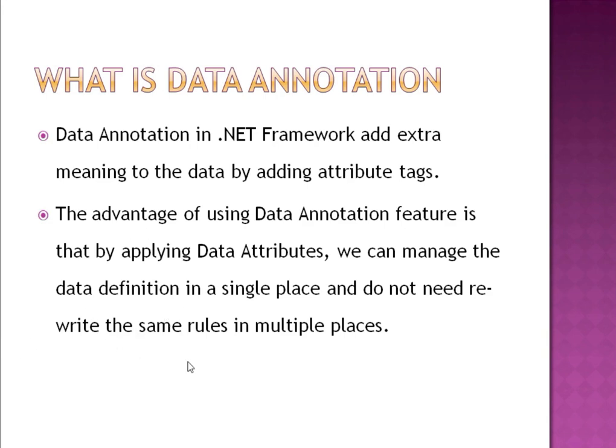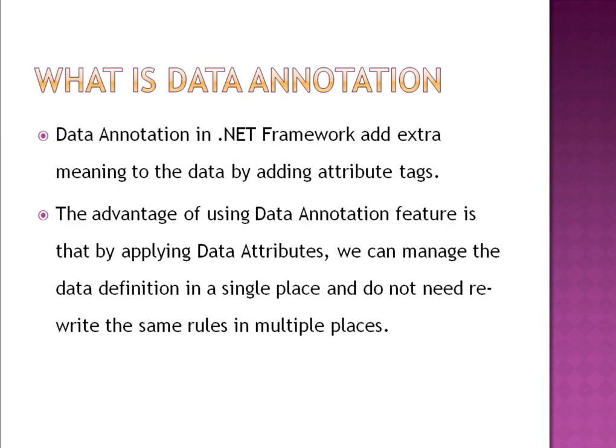Now, what is the meaning of this statement? Basically, we specify data annotation in the form of attributes. As I told you, attributes are specified over your property in square brackets, or above your class or above your method. So whenever you use that method or that data, the extra meaning that you specified in the form of an attribute will also be considered.